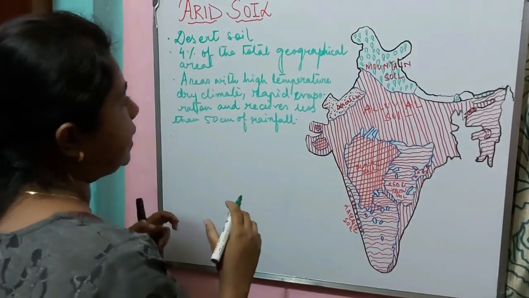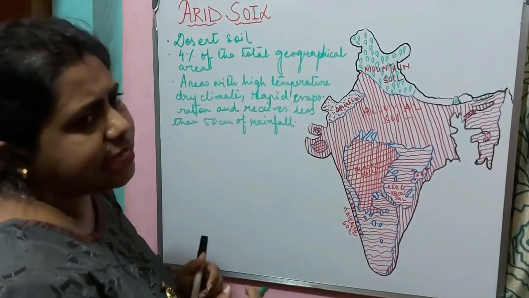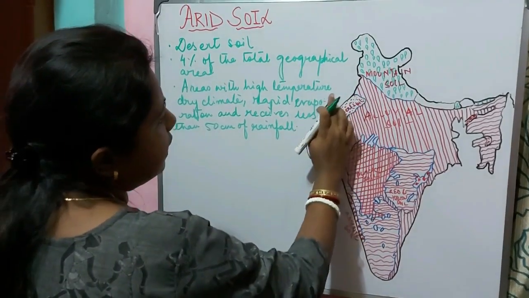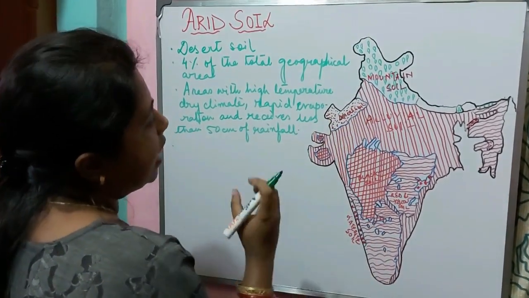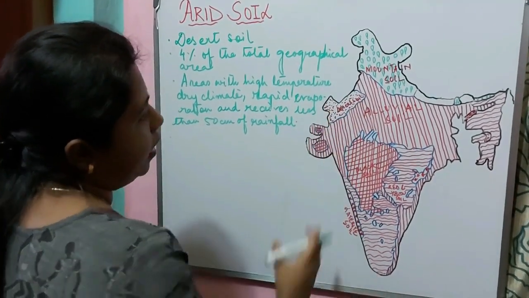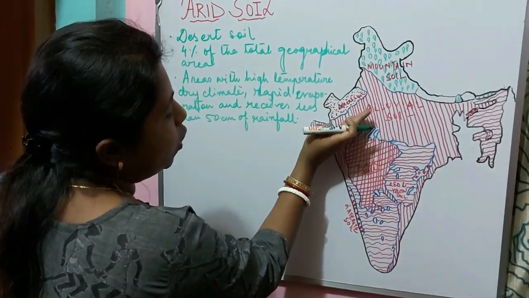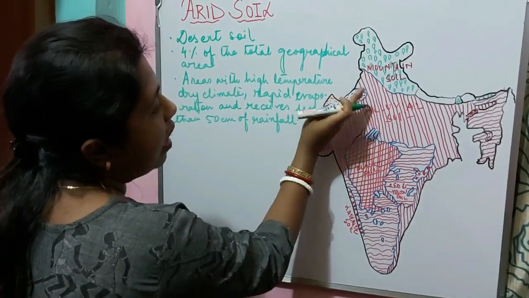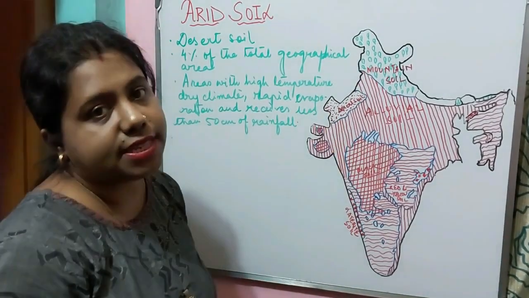So we can say that this is a region where it receives very little rainfall. You can see this part is referred to as arid soil or desert soil. Not only in Rajasthan but also in Gujarat and Haryana we can get the arid soil. Just in the western part of the Aravalli range, the type of soil that we find is referred to as arid soil.